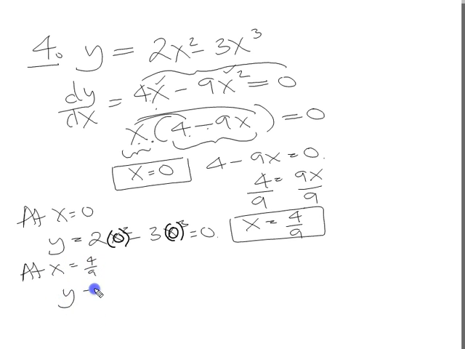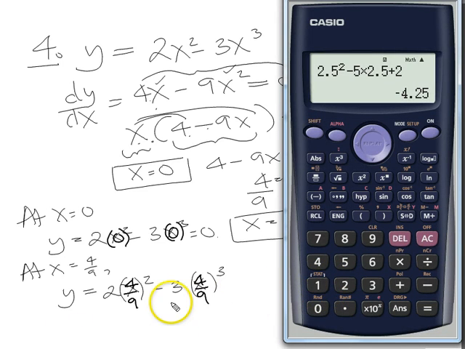So we're going to need our calculator for this, aren't we? Y equals 2x squared minus 3x cubed. Wherever we see an x, I'll put a little bracket and we overwrite that with our input value of 4/9. So it's going to be 2 times bracket, fraction 4/9, so it's 4 toggle to 9, toggle back up to ground level, close the bracket, and then it's squared.